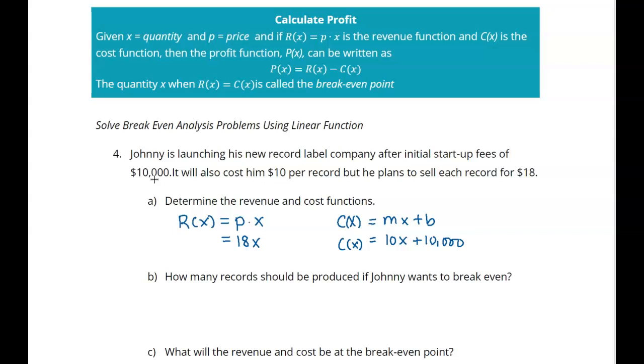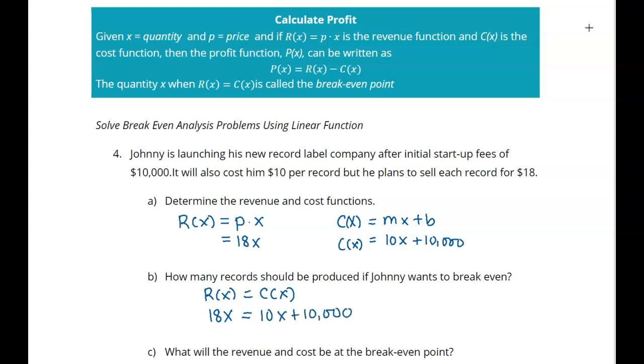Letter B. How many records should be produced if Johnny wants to break even? Now, we know that the break-even point is the value of X when R of X is equal to C of X. So all we need to do is to solve for X when R of X is equal to C of X. Therefore, we have 18x is equal to 10x plus 10,000.